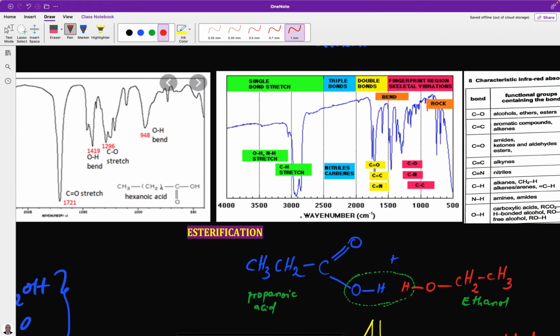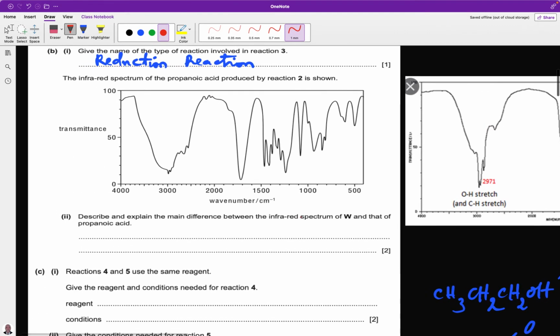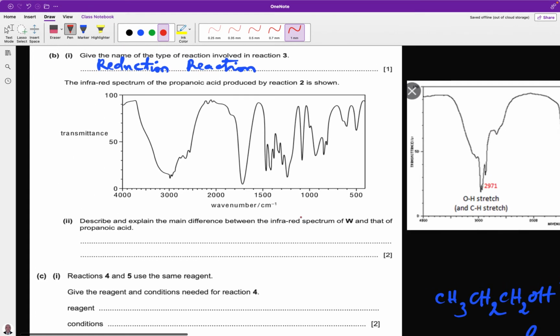So let's go to our question paper. When you have such a question on infrared spectrum, learners, open to your data booklet, get the differences, get the relevant data there, and use it to answer your question.